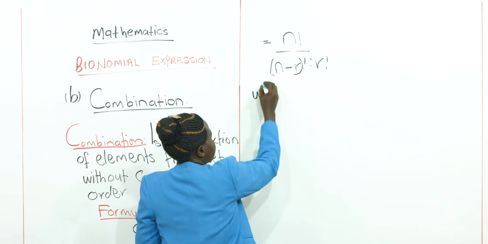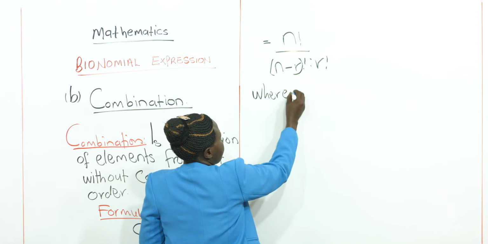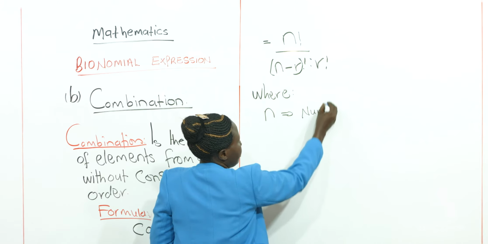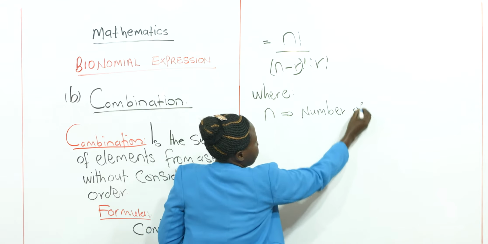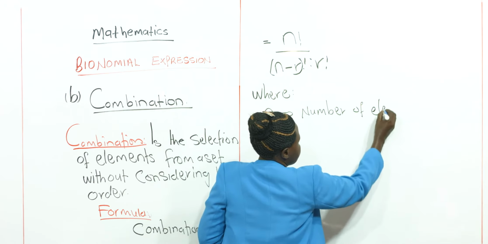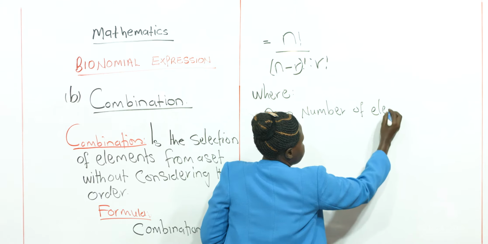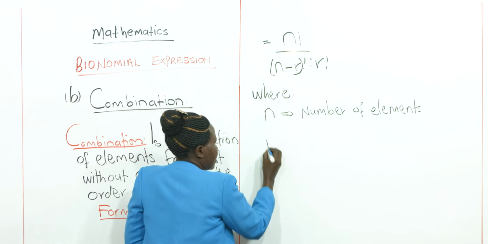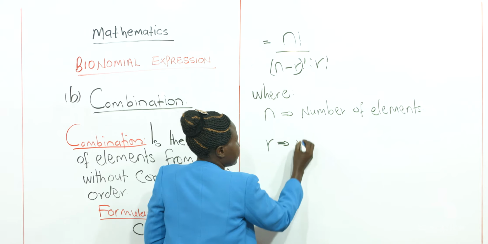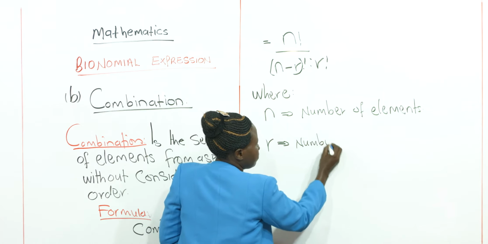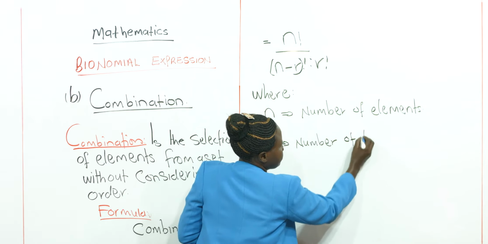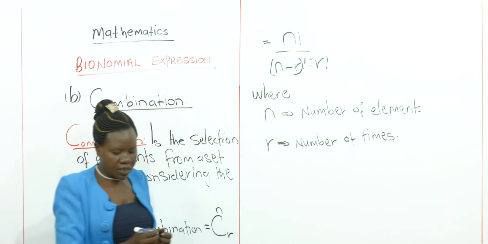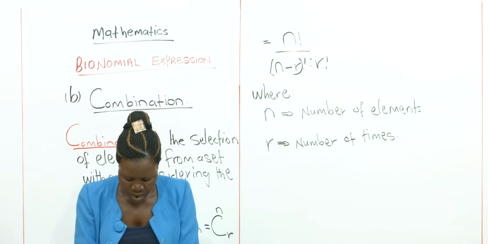Where n remains the number of elements, and r remains the number of times an element is to be selected, or has been selected.